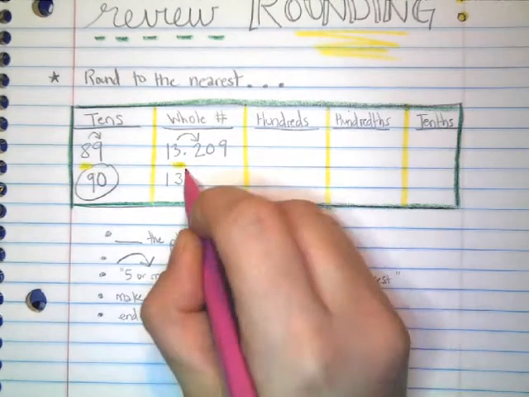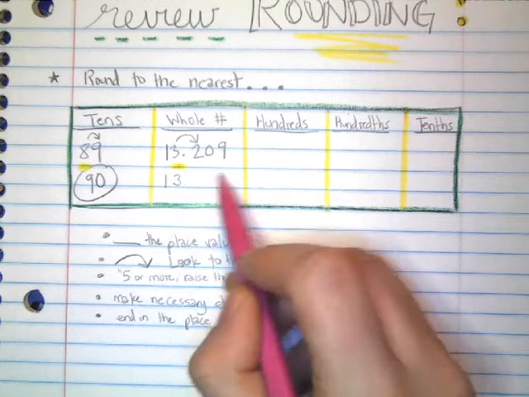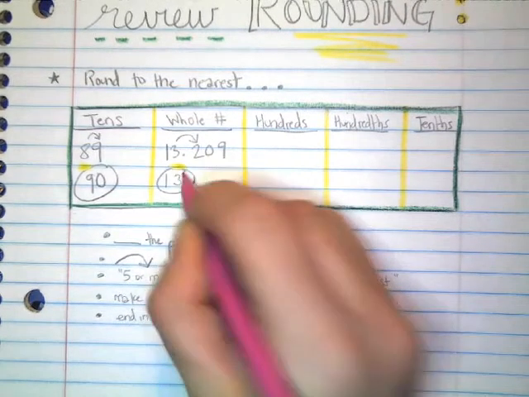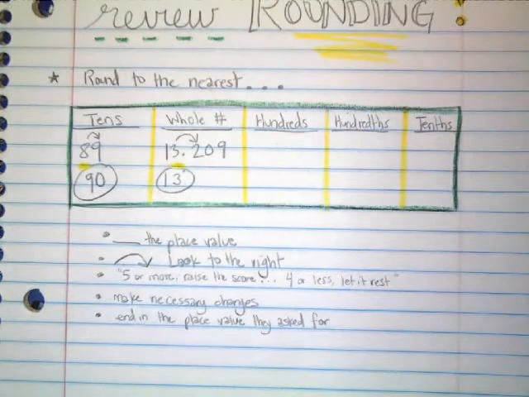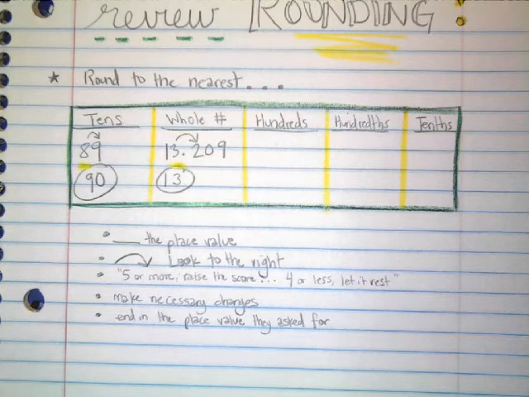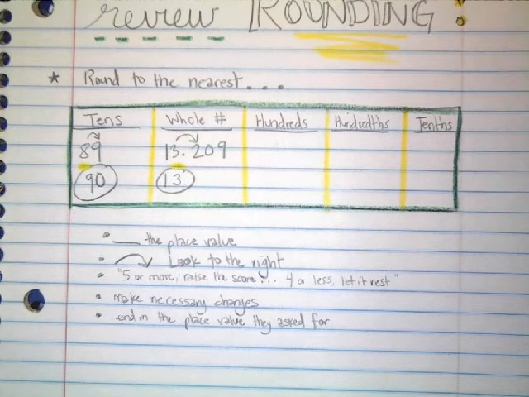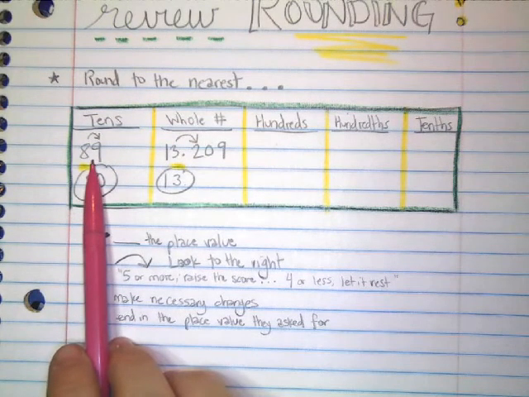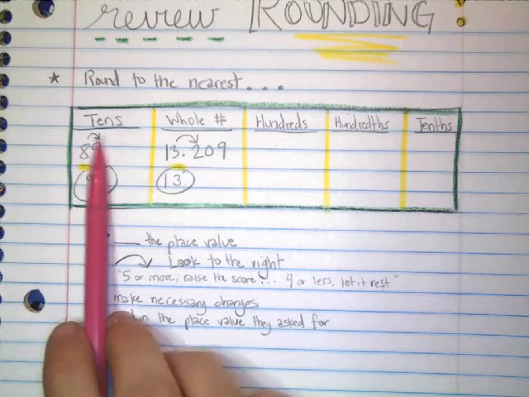If you want, you could put 0.000, but you don't need to. 13 is the final answer. You need to circle it. So 13.209 rounded to the nearest whole number is 13, because it's closer to 13 than it would be to 14. Remember, that's how you do this. 89 was closer to 90 than it was to 80.